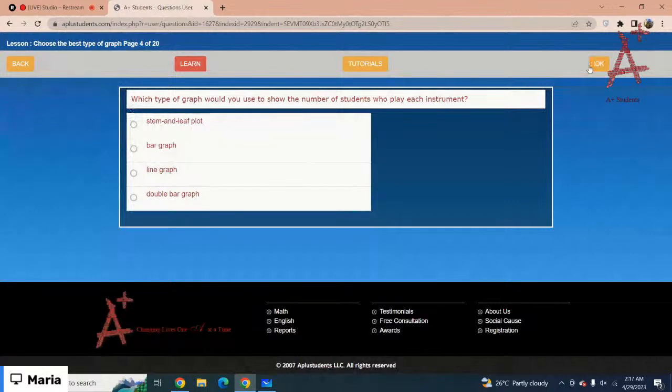Which type of graph would you use to show the number of students who play each instrument? Stem and leaf plot, bar graph, line graph, double bar graph. Which graph you can use for this type of data?